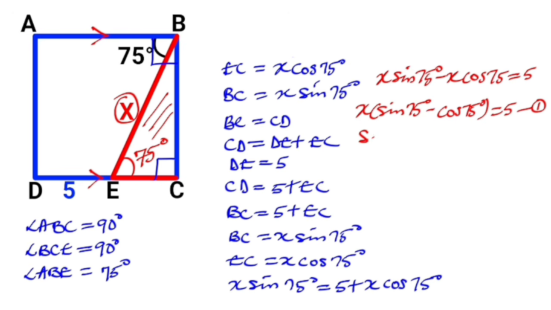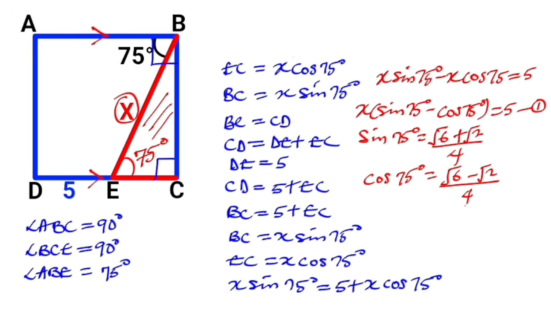The sine of 75 degrees is equal to the square root of 6 plus square root of 2, all divided by 4. The cosine of 75 degrees is equal to the square root of 6 minus square root of 2, all divided by 4.